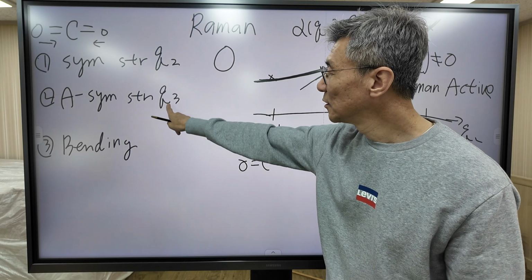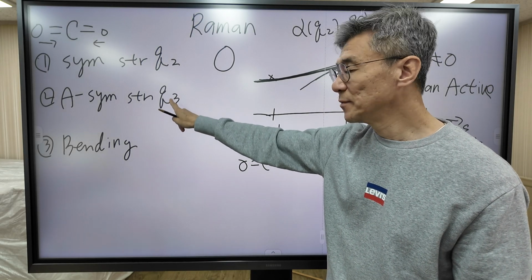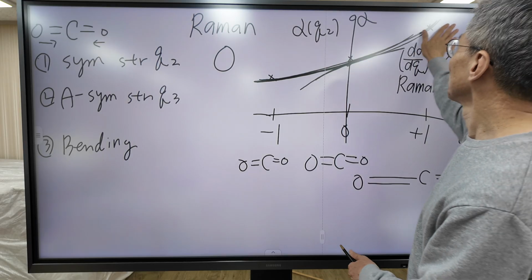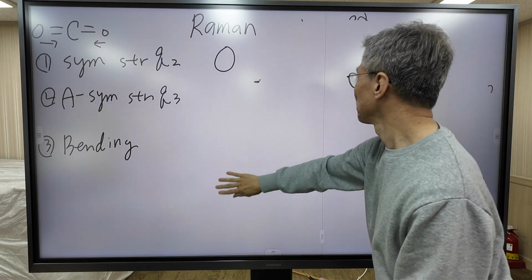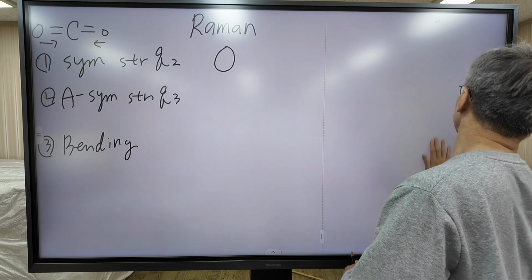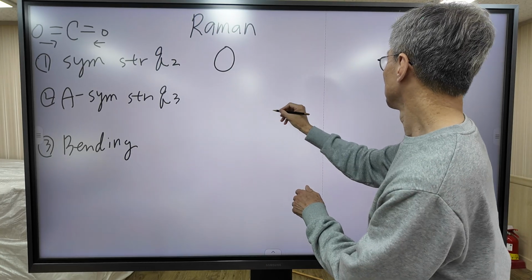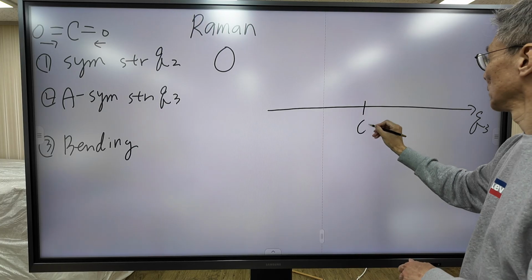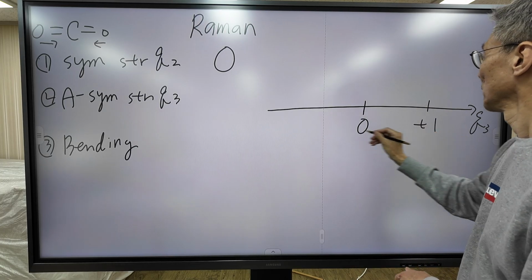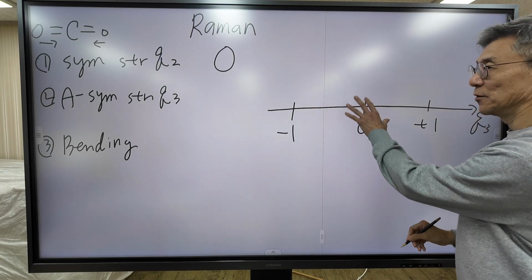Now turn to Q3, which is asymmetric stretching. This is equilibrium.